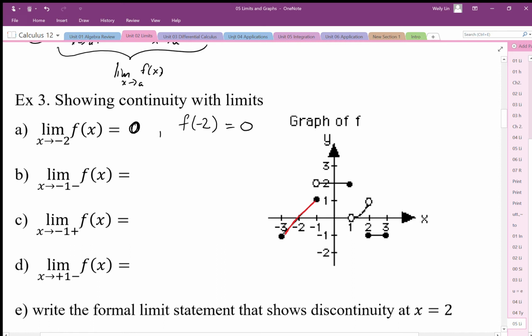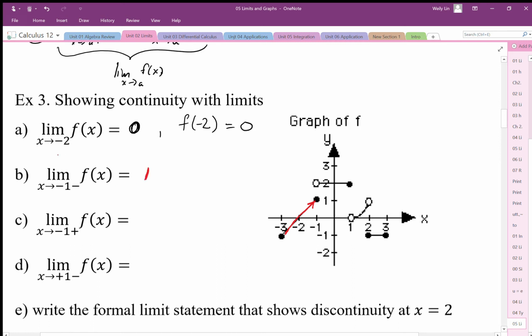So what about at -1? Well, we can see it's discontinuous. We can show that by showing these one-sided limits. The limit as x goes to -1 from the negative side, it looks like y is equal to 1.